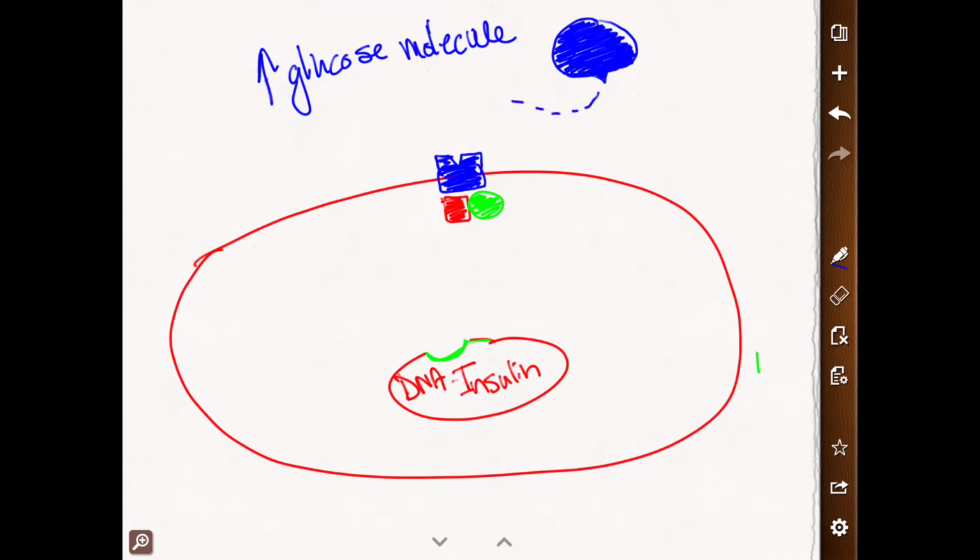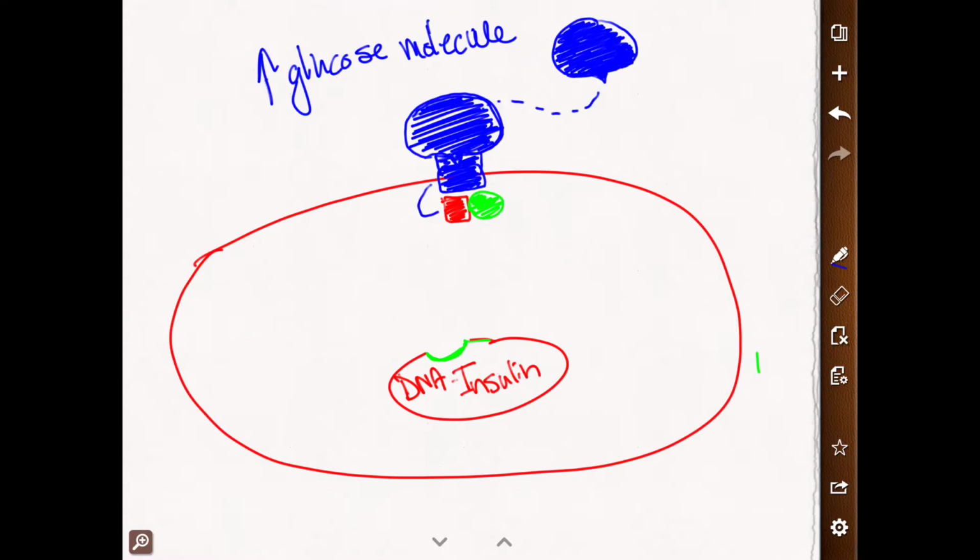And it's going to come and it's going to sit and it's going to dock in here. So now we've got this blood glucose that's triggering this protein here. We'll color that in. And it sets off a reaction.